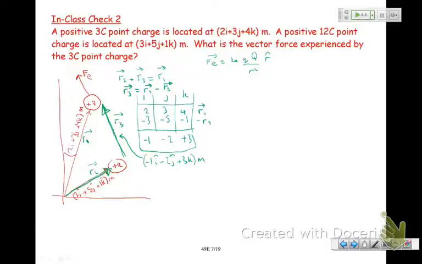If you didn't see the meters after the R1 and R2, you just know that it's the location and not the vector. So the meters is just telling me what my units are.